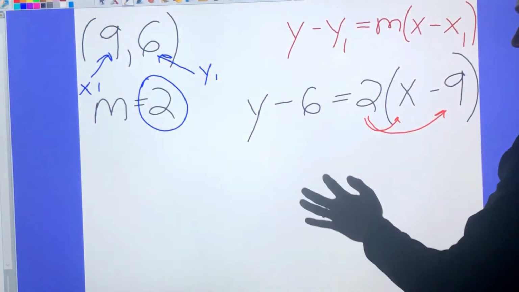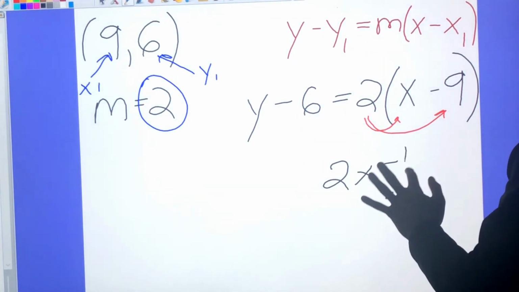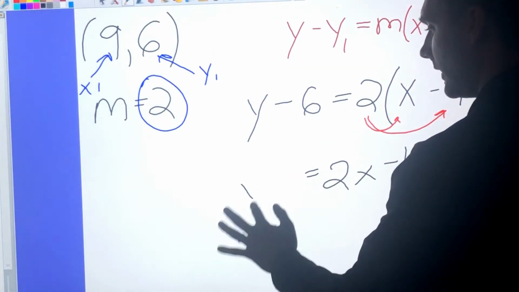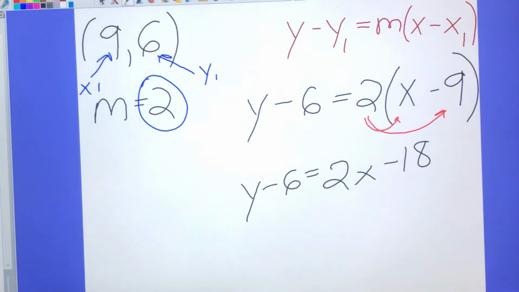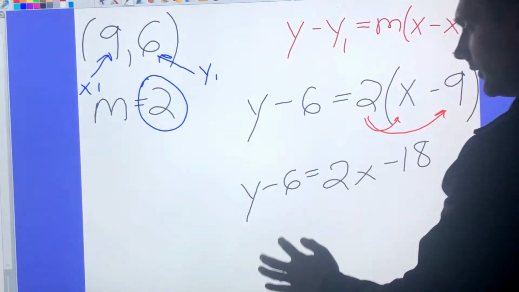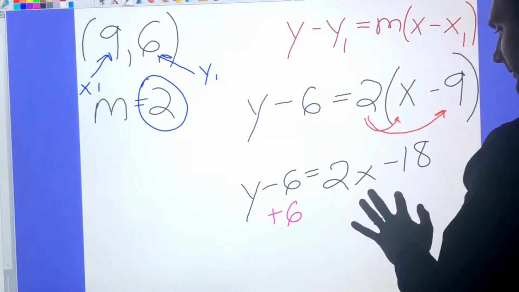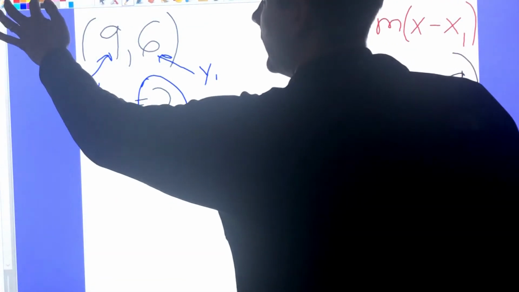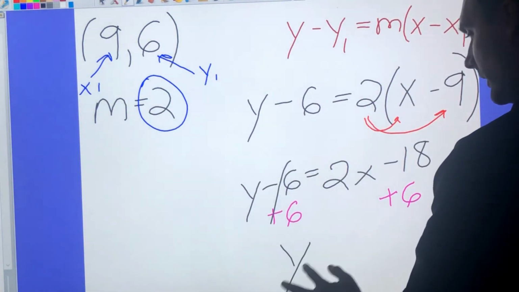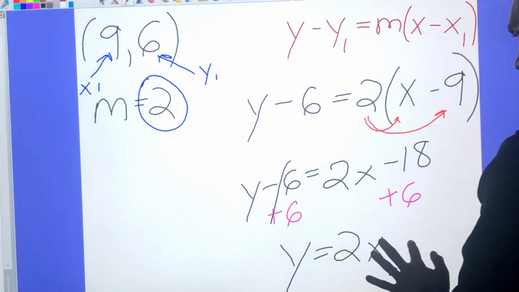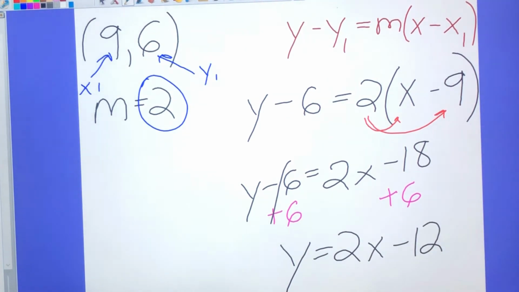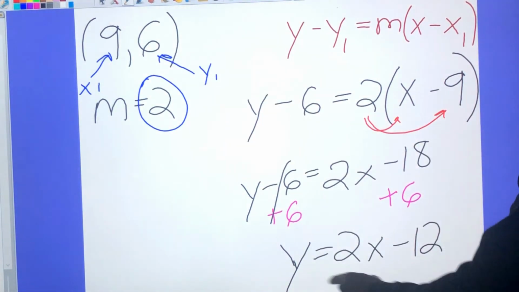That's going to give me 2x minus 18. I have y minus 6 on this side. And now last but not least, solving for y, the opposite of subtracting 6 is to add 6 on both sides. I get y equals 2x minus 12. There is my equation in slope-intercept form that has this point.